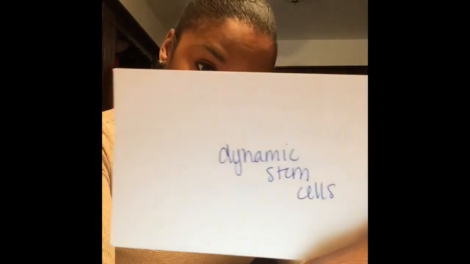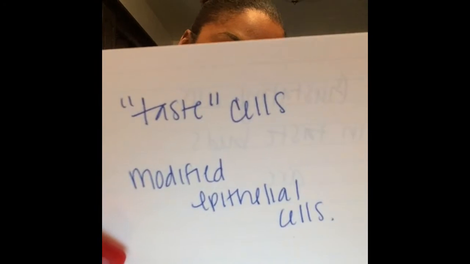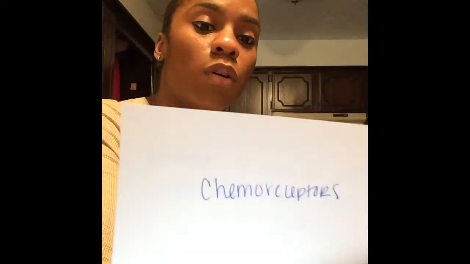Dynamic stem cells. Gustatory cells in taste buds are taste cells, modified epithelial cells. The microvilli of gustatory cells have what for taste? Chemoreceptors.